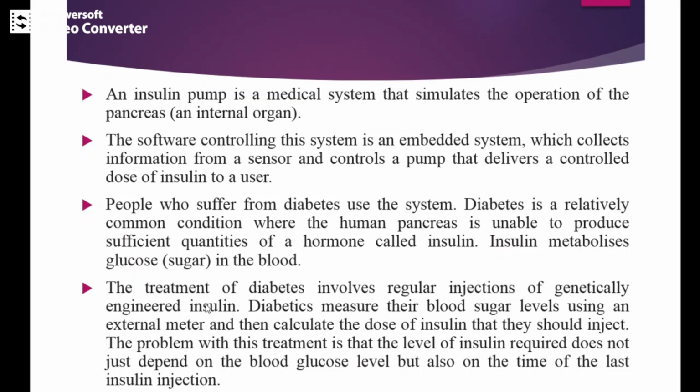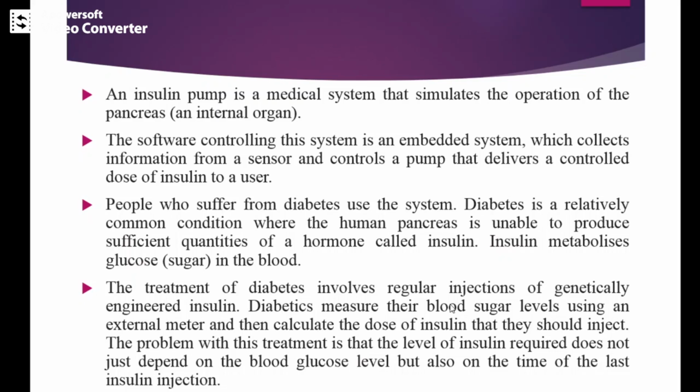In the initial stage they go with medication, tablets, and if that's not working then they go for an injection of genetically engineered insulin. So they have to take injections. How they do that, we are going to see.